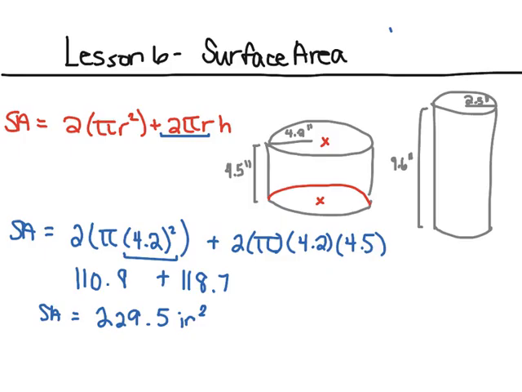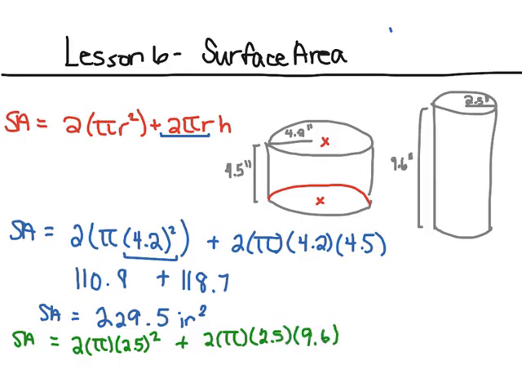For the tall can, we're going to use the same formula, except we're using a new radius. So we have 2 times pi times 2.5 squared plus 2 times pi times 2.5 times 9.6.